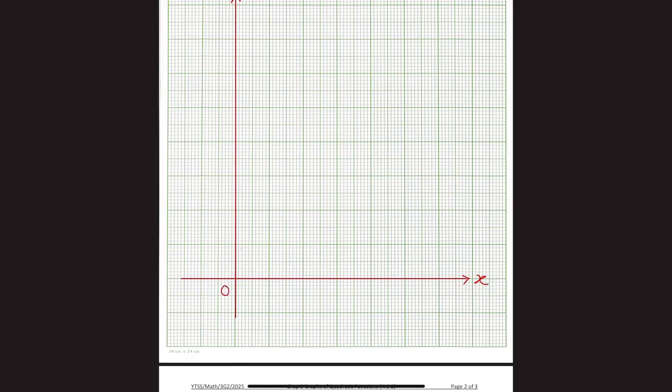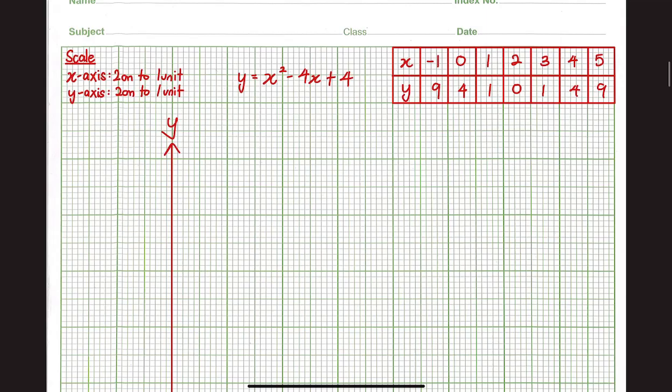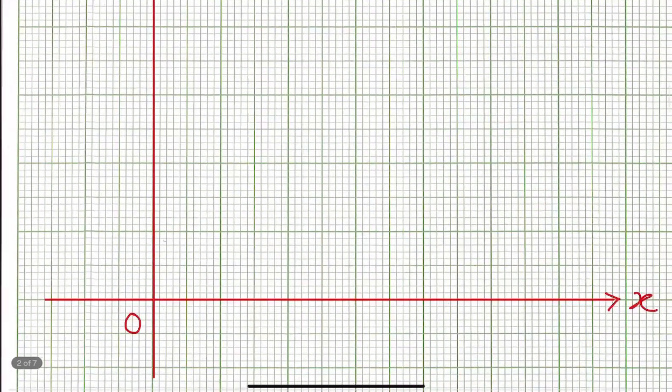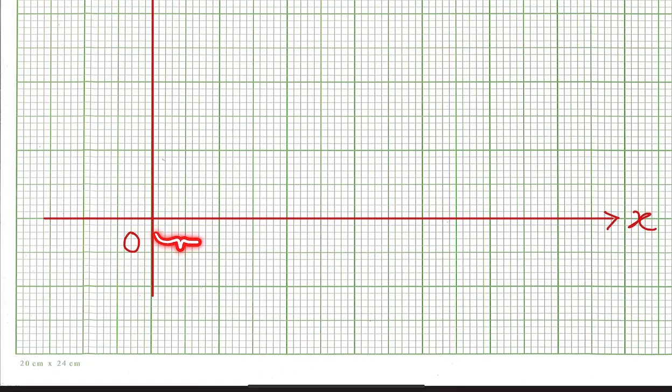Now we can follow what the question says. X-axis, 2 cm to 1 unit. If you use a ruler, you will measure that one big box like this is 2 cm to 1 unit. So every 2 cm I make a marking: 1. Every 2 cm make another marking: 2.